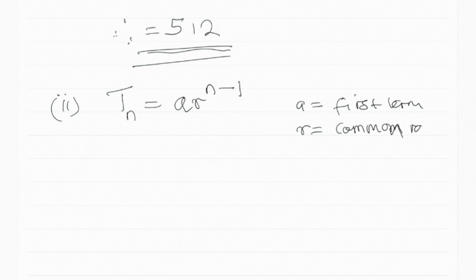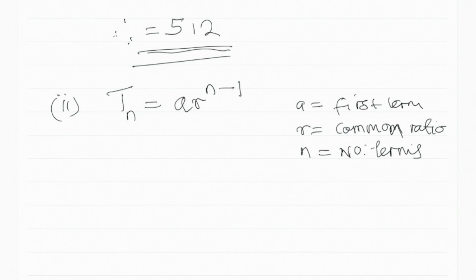In the geometric progression, we have the common ratio and not the common difference, which belongs to the arithmetic progression. And then n stands for the number of terms. So that is what you need to know. In order for us to find the 11th term, we need to bear in mind that given formula.